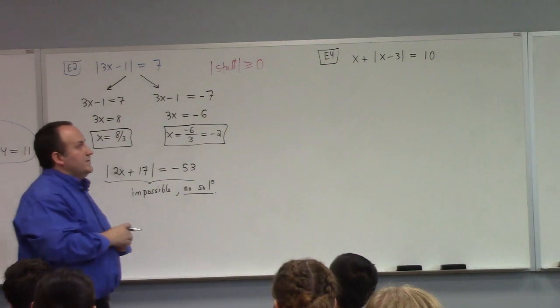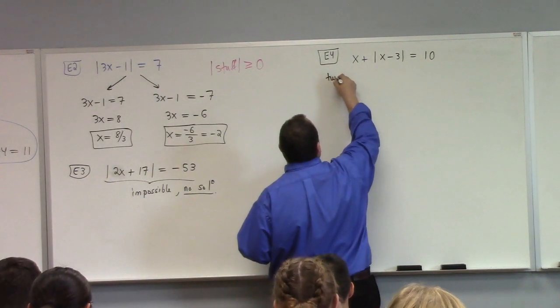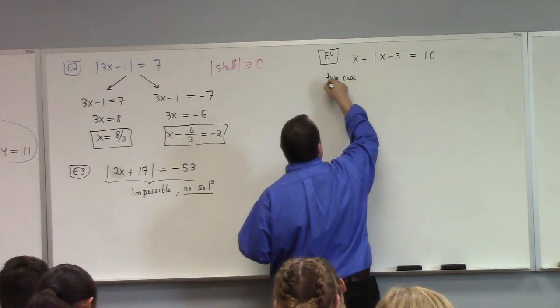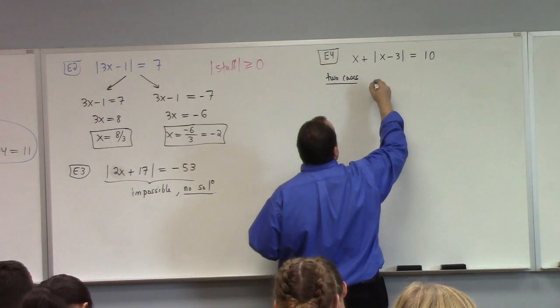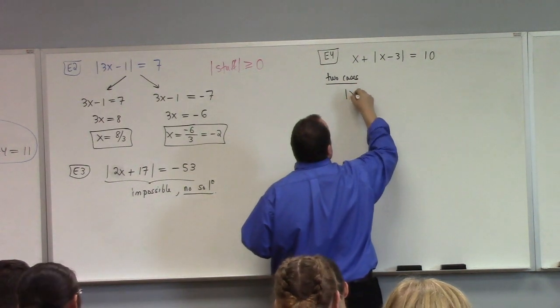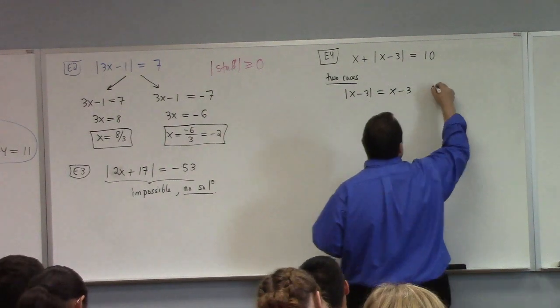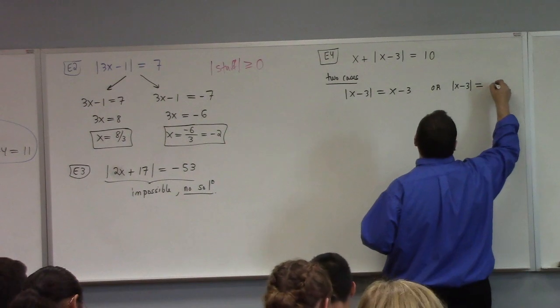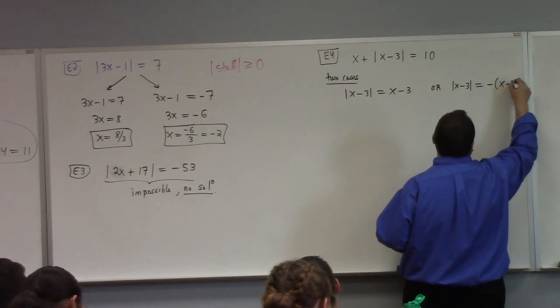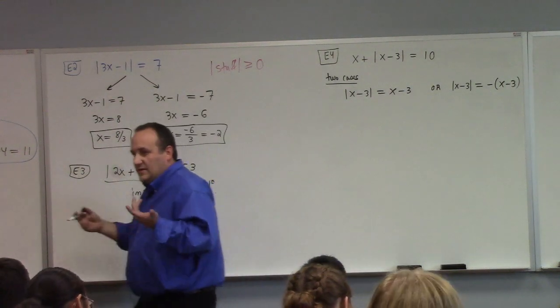Okay? So there's two cases, right? What are the two cases? You either have the absolute value of x minus 3 equals x minus 3, or what's the other thing that could happen? You could have minus that, right? So either the quantity x minus 3 is positive or the quantity x minus 3 is negative.